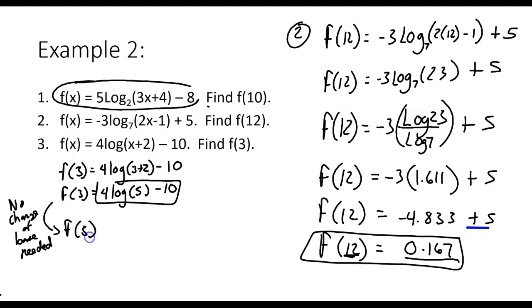And like I said, instead of doing the log first and then multiplying 4 and then minus 10, you could just type that whole thing in your calculator and get an answer. Technically, we could do that up here also, by the way. It's just that you have to type it in just right with all the parentheses in the right spot, so I just choose to do it in pieces. But here we go. So 4 log 5 minus 10, I get negative 7.204.